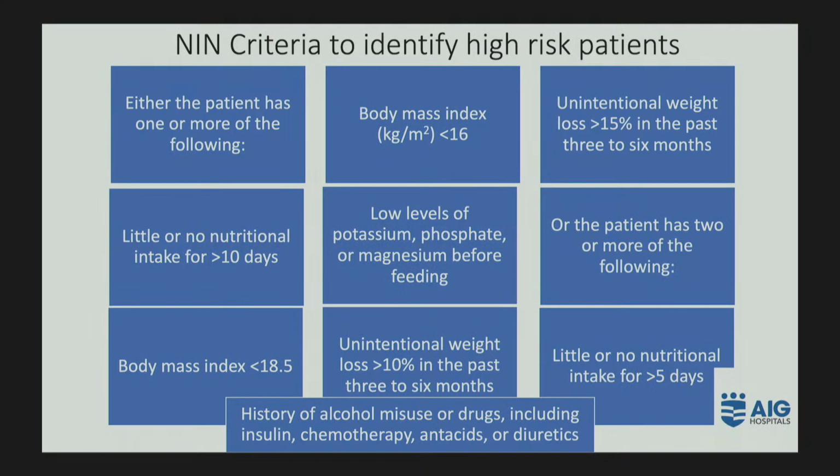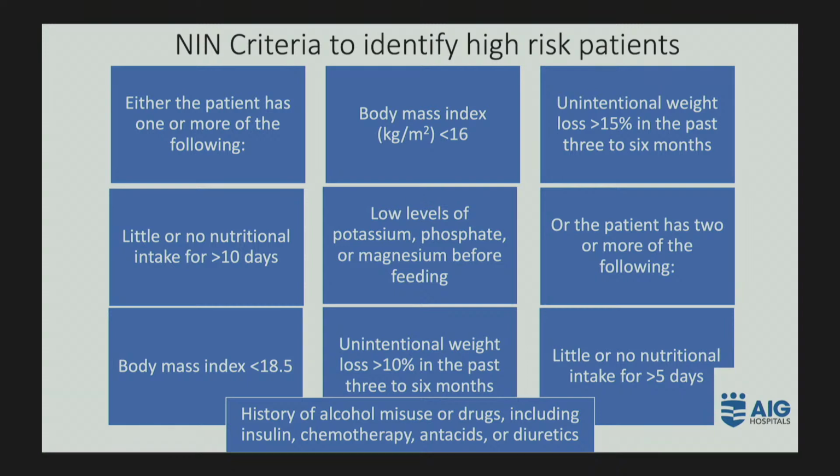So what are the National Institute criteria to identify the patients who are at high risk? Whenever there is low BMI, unintentional weight loss, and little or no nutritional intake for more than 10 days, and low levels of electrolytes such as potassium before feeding.